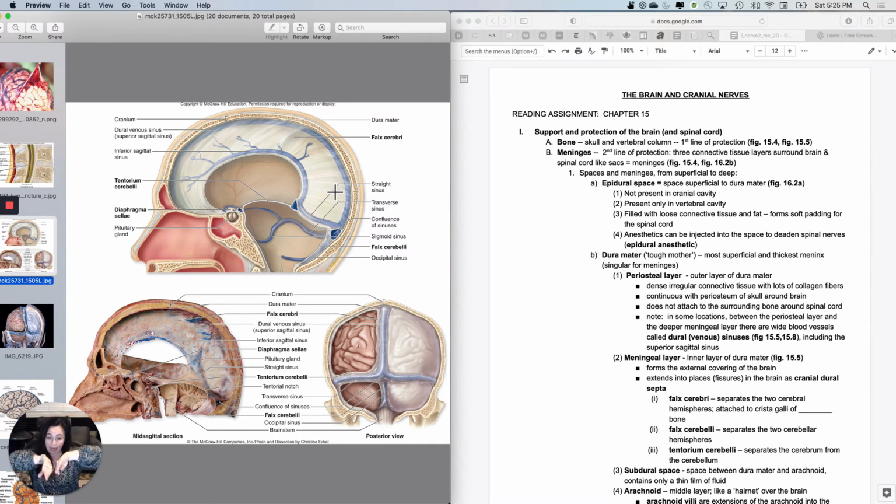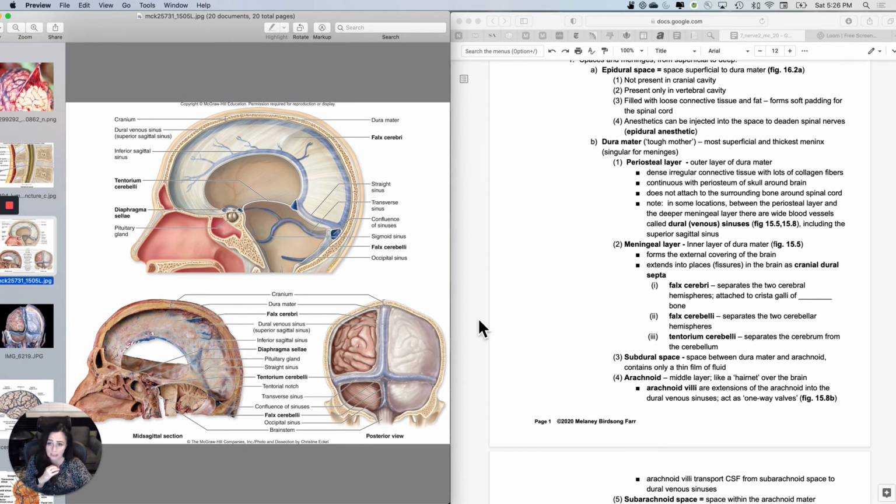That big opaque membrane folds in between the two halves of the cerebrum, between the cerebrum and the cerebellum, and between the two halves of the cerebellum, as what we call the cranial dural septa. Let's break that down. Cranial, as in the cranial cavity. Dural, because they're made of dura mater. And septum means partition. Okay?